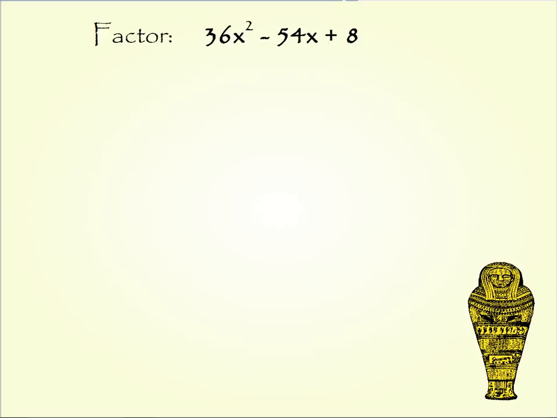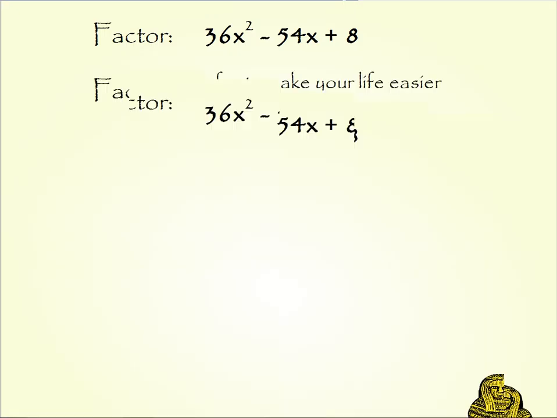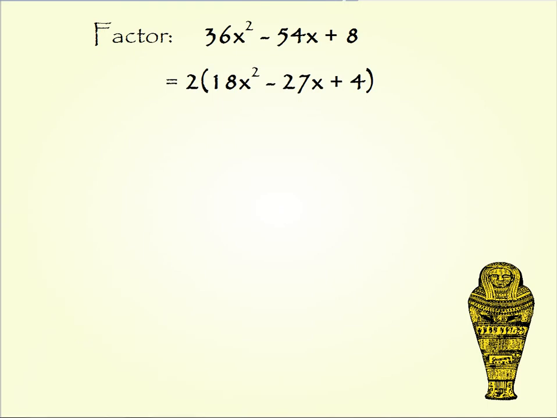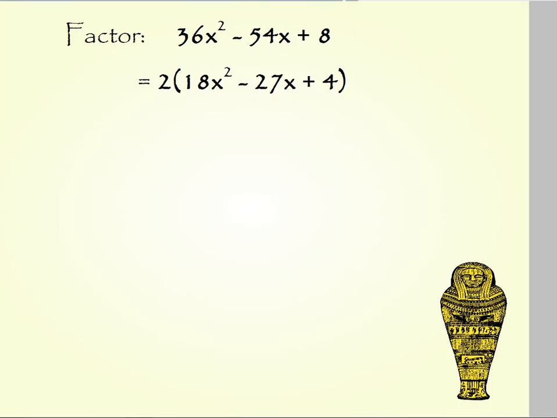Let's try another one. I have 36x squared minus 54x plus 8. First thing I want to look for to make my life easier is common factors. You don't have to look for common factors up front, but these numbers are kind of big and all of these numbers can be divided by 2. So if I pull out a 2, I'm left with 18x squared minus 27x plus 4. These numbers are a little easier for me to work with.